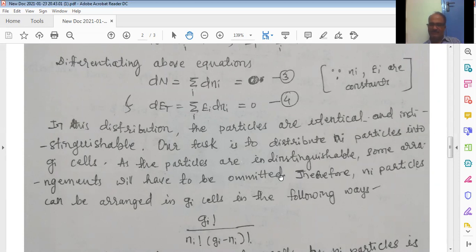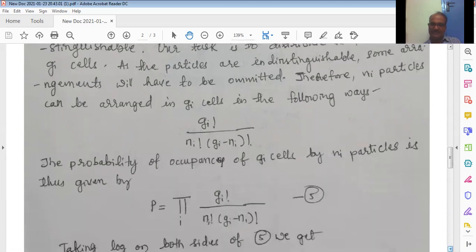Therefore, Ni particles can be arranged in Gi cells in the following way: Gi factorial divided by Ni factorial into Gi minus Ni factorial. So in this way, the particles can be arranged in Gi cells.